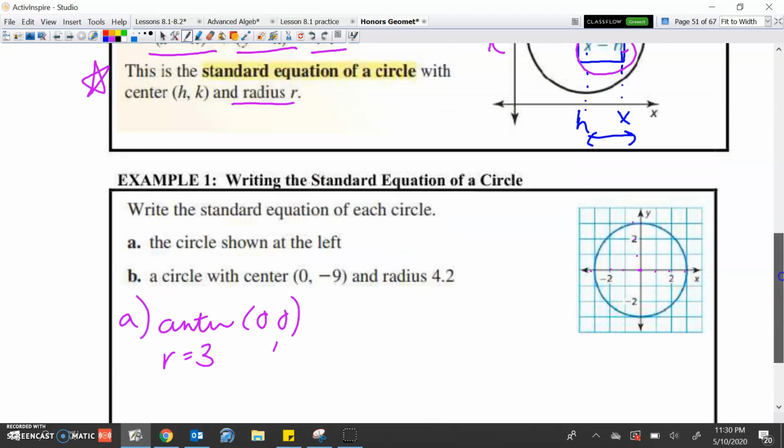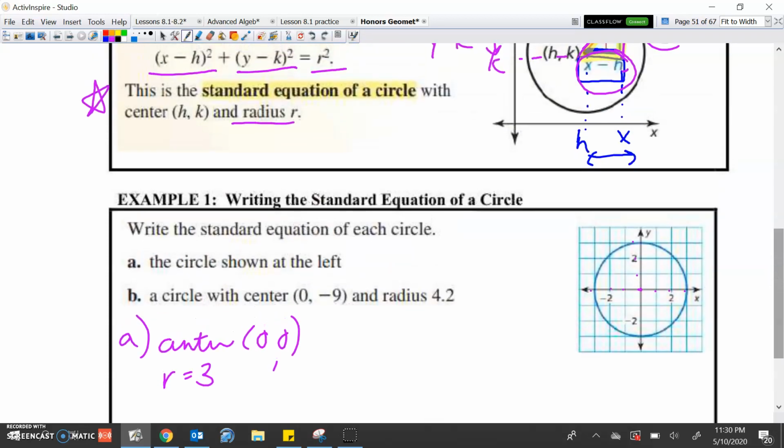My radius is 3. So now all I have to do is scroll up so we can see this equation. I'm going to sub these in here. So it's going to be x minus 0 quantity squared plus y minus 0, because those are my h and k, quantity squared equals my radius 3 squared.